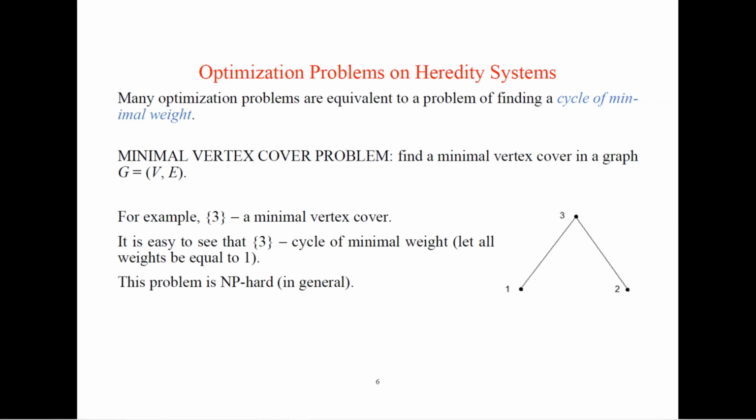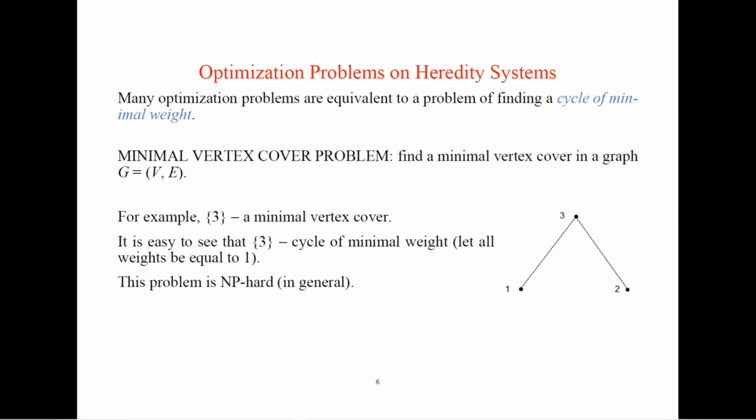The example is the same. We have a graph with 3 vertices and 2 edges, and as you can see, the minimal vertex cover is the set which contains only 1 vertex, vertex 3. And on the other side, this set which contains only vertex 3 is a circuit of minimal weight in our hereditary system.